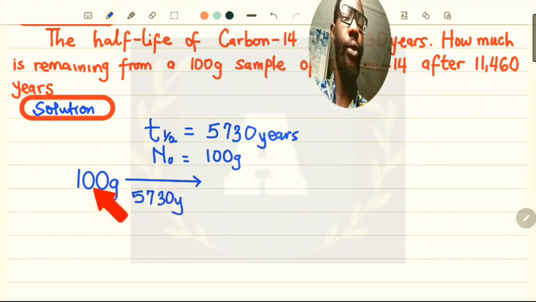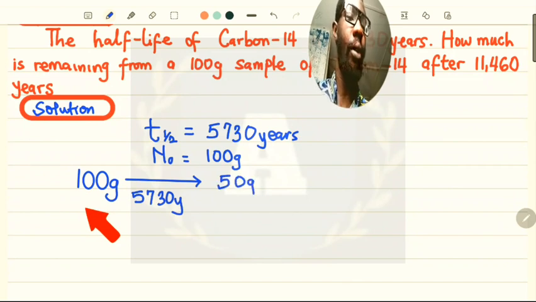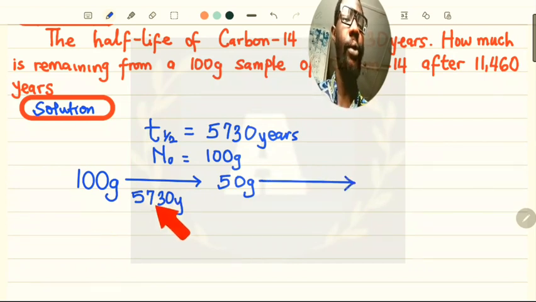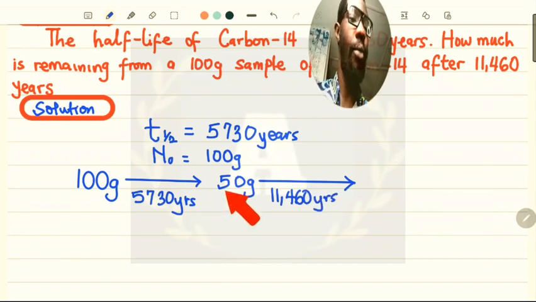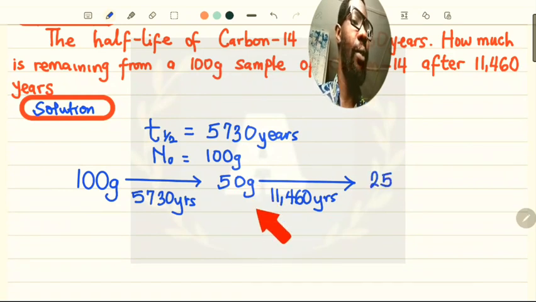So it's going to reduce to 50 gram. Now after another 5,730 years, we are going to double this, so we have 11,460 years. This will also be reduced by half, so we have 25 grams.